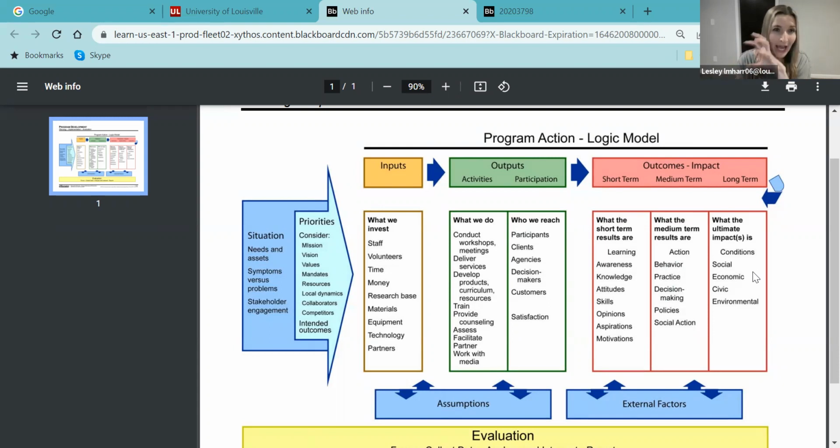This is what you would actually use to get funding for your program. You would have to show a logic model to show funders, look, we have laid this out, we have organized this, this is a plan of action. These are all the things we already have.